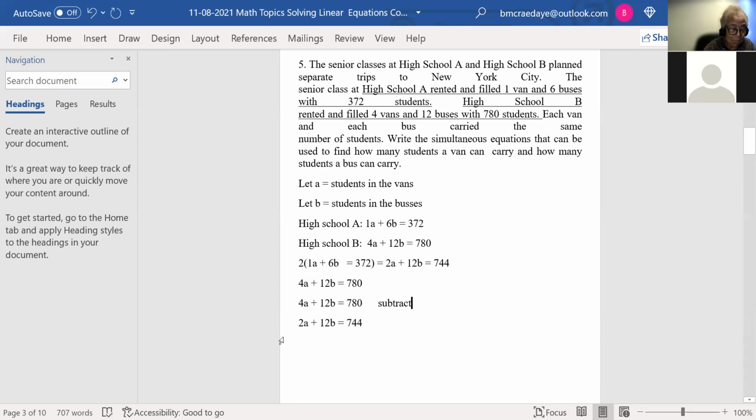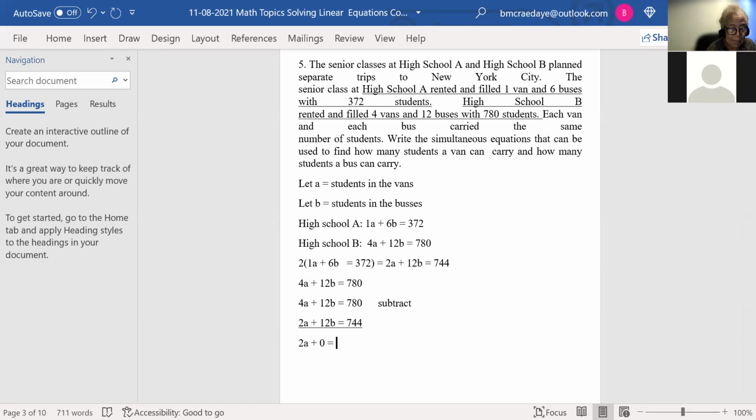So let's draw a line and subtract. What's 2A from 4A? 2A. That's right, that's 2A. And 12B minus 12B is just 0. And 780 minus 744.